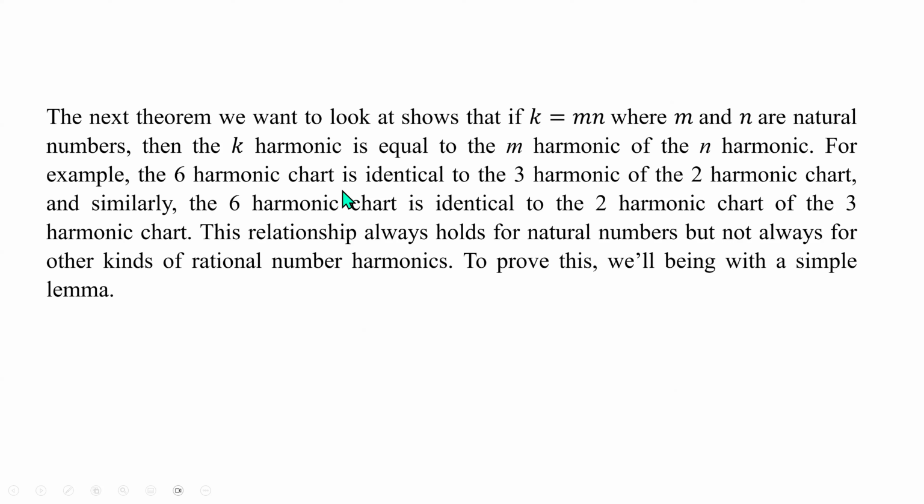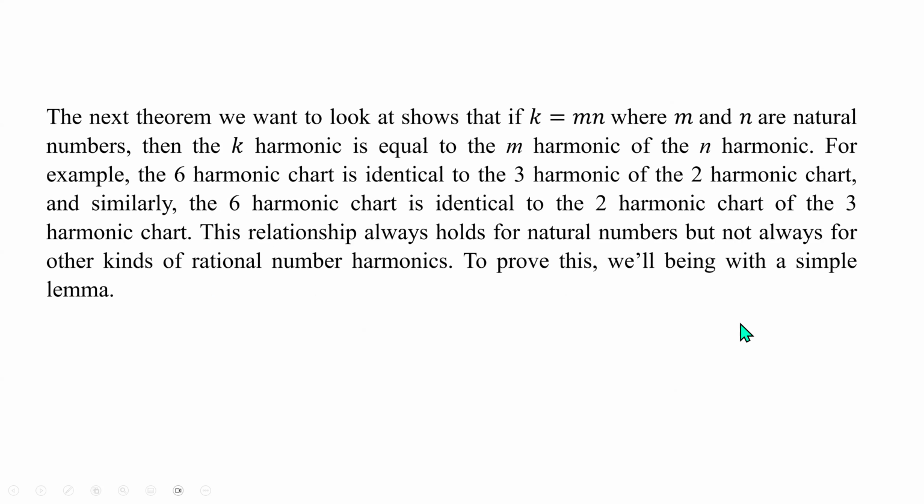For example, the 6 harmonic chart is identical to the 3 harmonic of the 2 harmonic chart, and similarly, the 6 harmonic chart is identical to the 2 harmonic chart of the 3 harmonic chart. This relationship also always holds for natural numbers, but not always for other kinds of rational number harmonics.